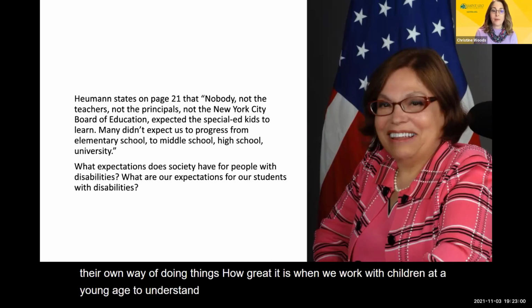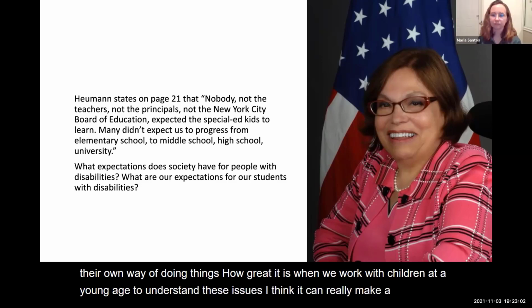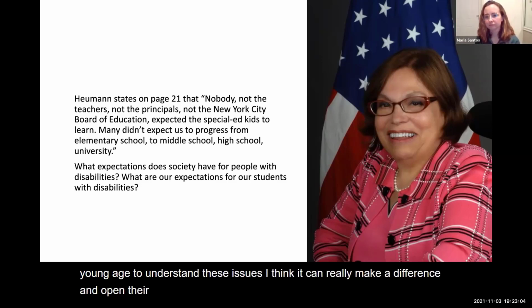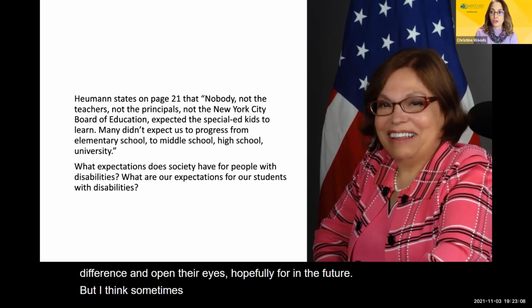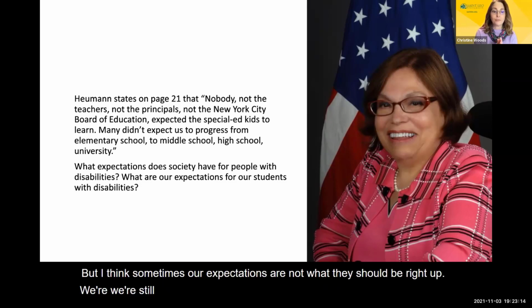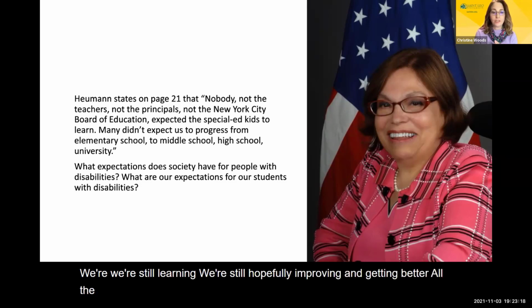I think it can really make a difference and open their eyes for the future. But I think sometimes our expectations are not what they should be, right? We're still learning. We're still hopefully improving and getting better all the time. And hopefully we're going to see some improvements in that area.